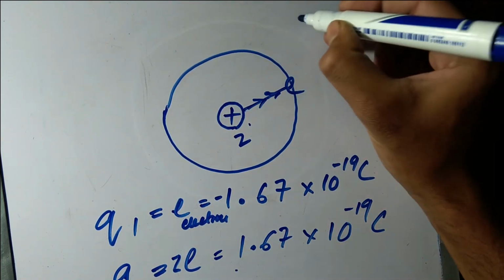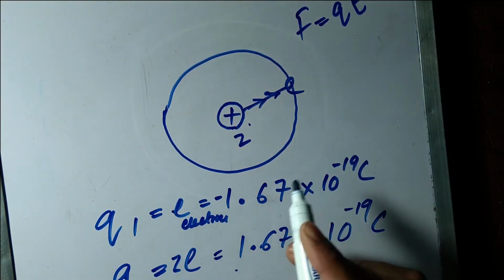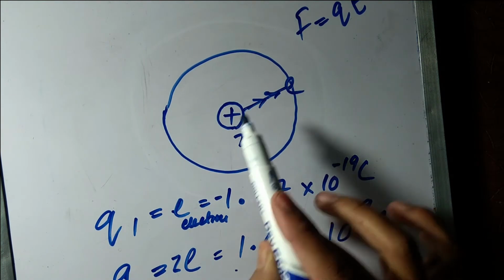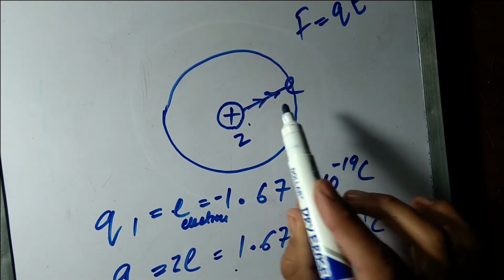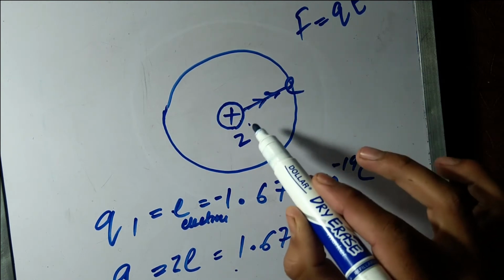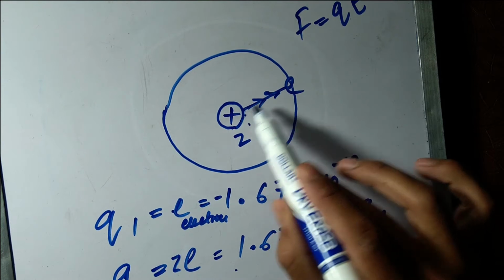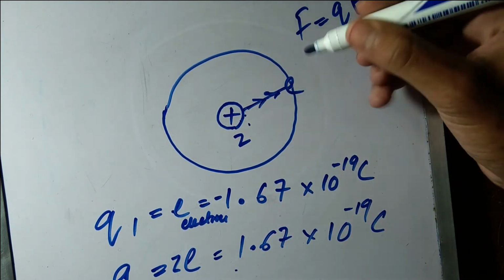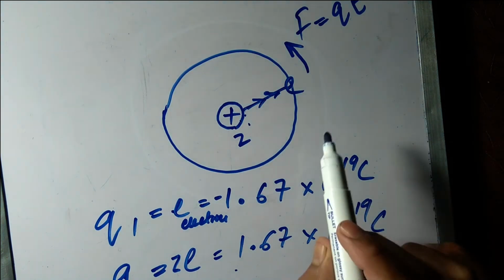The electric field lines go from positive to negative, and this is the force which provides the centripetal force to this electron.